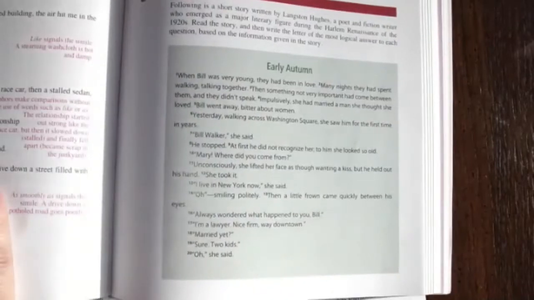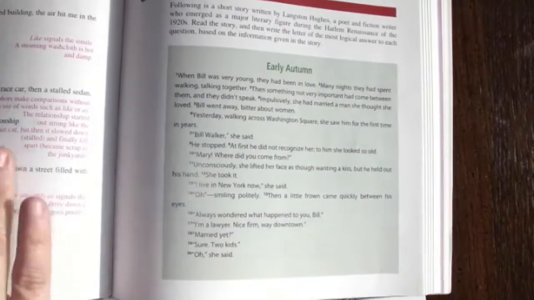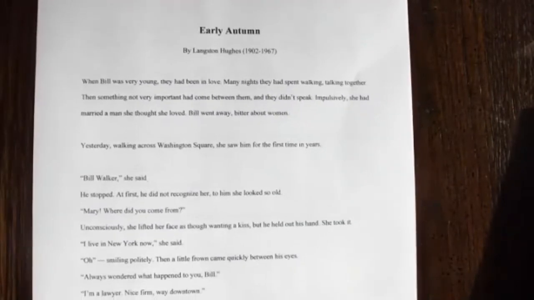Now, of course, I don't like to write in my book, because then my book is written in, and I can't do this for my next class, right? So I have typed it up, and I have it right here, Early Autumn by Langston Hughes. It's also in the folder right near this presentation.